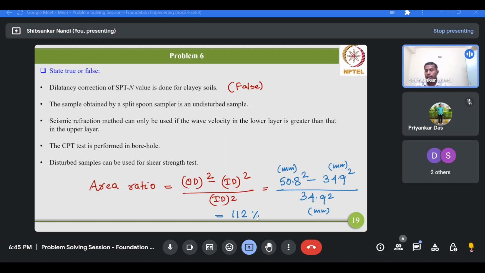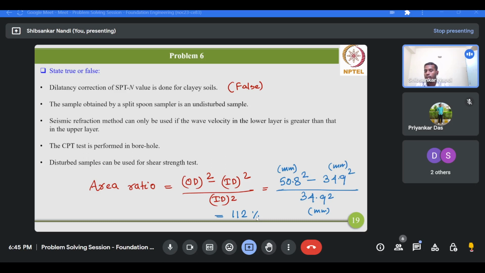Now what is the criterion for getting an undisturbed sample from this kind of sampler? What is the maximum upper limit? Increasing the area ratio indicates disturbance in the extracted sample, so if you have a higher area ratio, you will have higher disturbance.